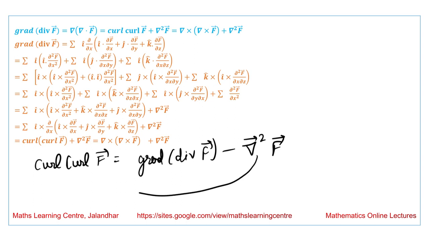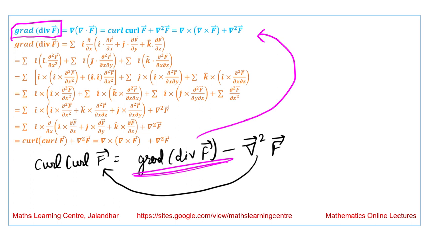So if we shift this term to this side, we obtain this result: gradient of divergence of f vector is equal to curl of curl of f vector plus del square f vector. Otherwise, if you want to prove this as an independent proof, it is given over here, and you can try this proof on your own.